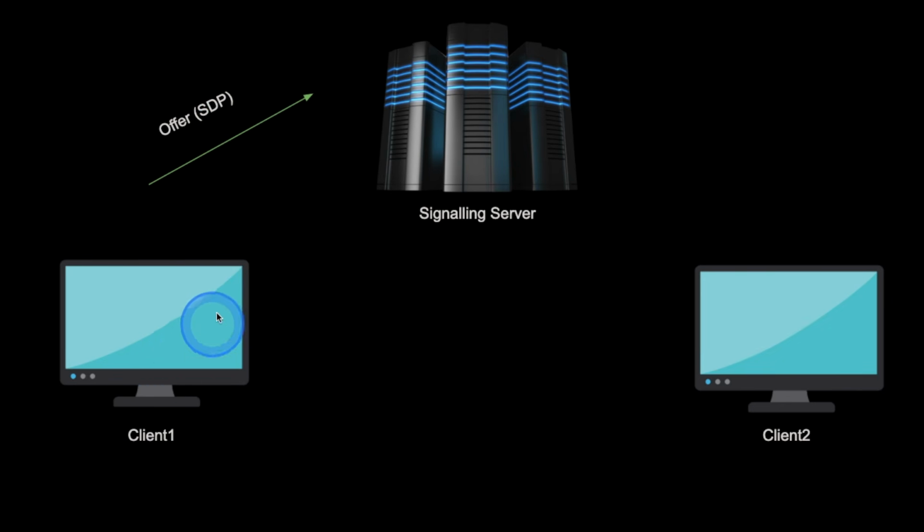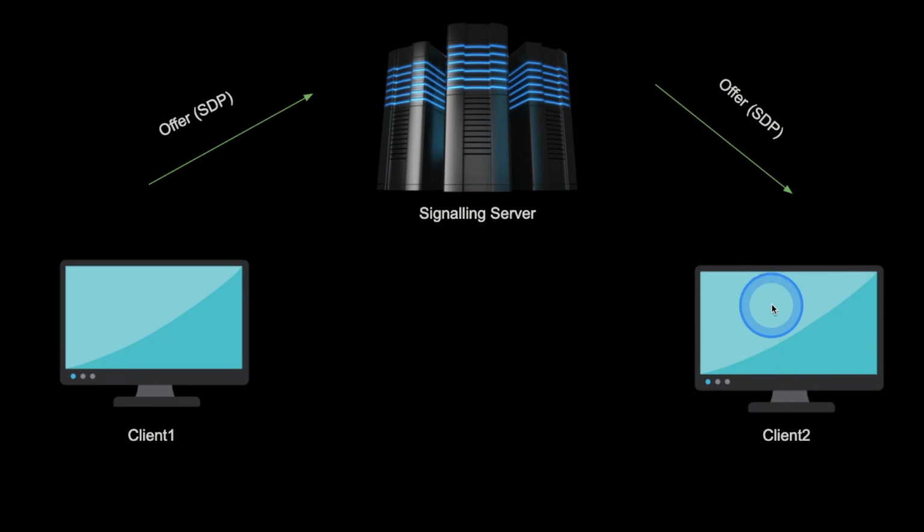So client 1 will create an offer that has the media configuration, which is called SDP in technical terms, and it will send the SDP to the signaling server, and then the signaling server will send that SDP to the other client, and the other client will store the SDP of client 1 in its local memory.